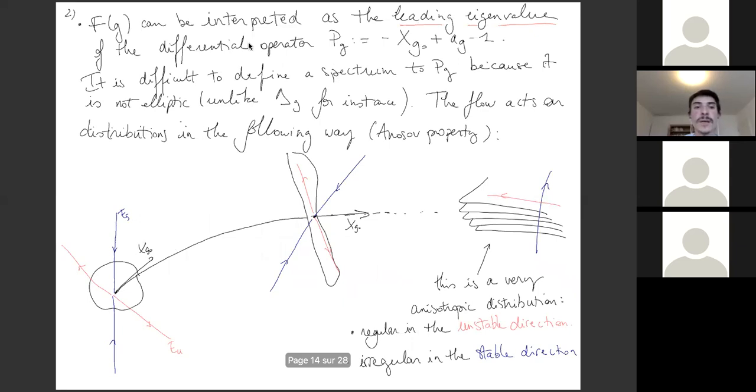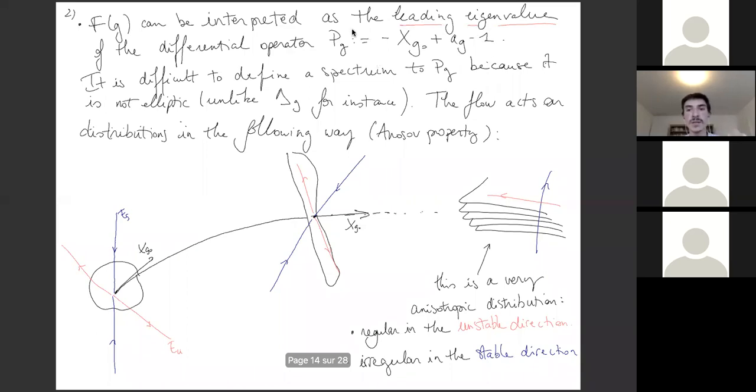Well, this F of g is a real number, and it can actually be interpreted as the leading eigenvalue of a differential operator. And this differential operator is minus X_g0 plus a_g minus 1. Now, if you know a bit of elliptic theory or microlocal analysis, then you probably know that it's very difficult to define a spectrum for this sort of operator.